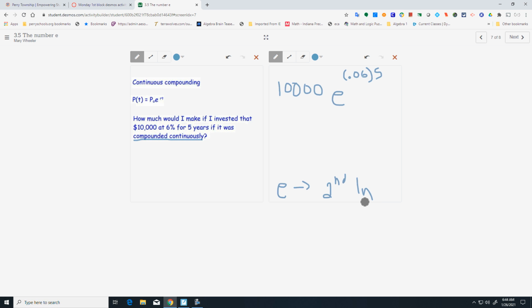Depending on your calculator, it might be a little bit different. And when I do that, I get 1.3498, multiply that by 10,000, and I'm going to make $13,498.59. And based on our previous answers, that does seem like a reasonable amount.